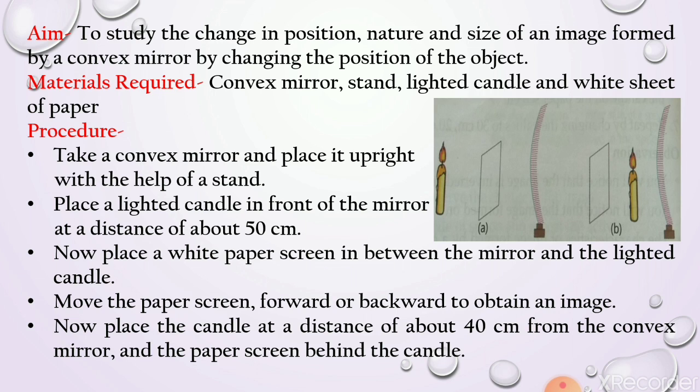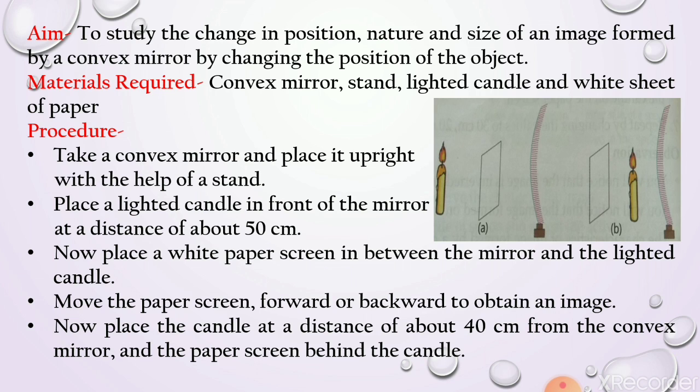First of all, we will take a convex mirror and place it upright with the help of the stand, meaning we will fix it. Now we will place a lighted candle in front of the mirror at a distance of about 50 centimeters, as we did in the case of the concave mirror. Same thing we will do in this case also.